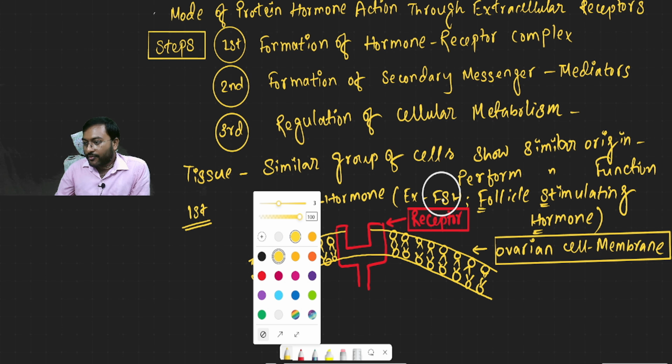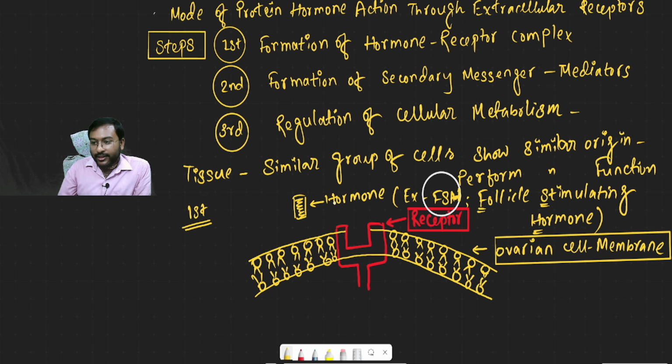So now when this hormone comes to its targeted tissue, this hormone binds with its respective receptor and forms the hormone receptor complex.